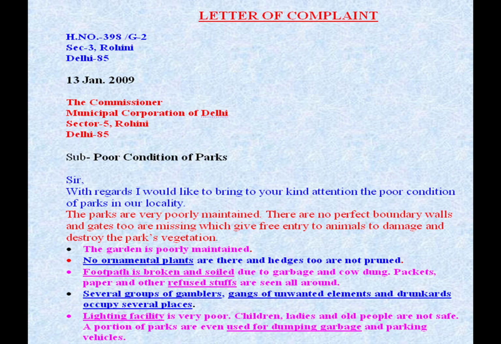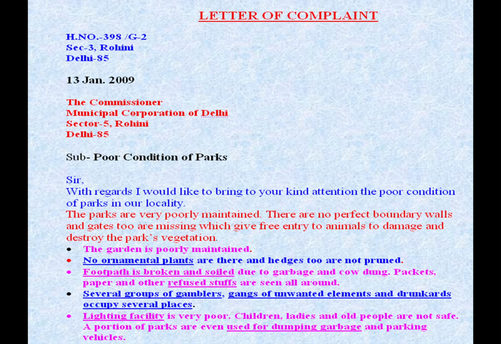The parks are very poorly maintained. There are no perfect boundary walls and gates too are missing, which give free entry to animals to damage and destroy the park's vegetation. The garden is poorly maintained.